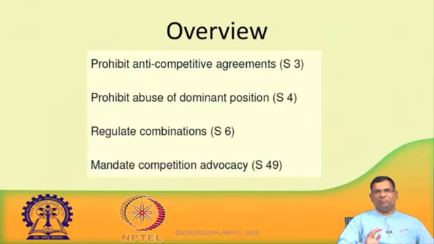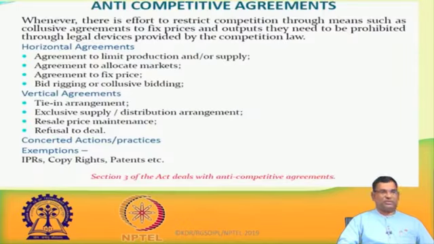Among the important provisions of the Act, Section 3 talks about anti-competitive agreements, Section 4 talks about the abuse of dominant position, Section 6 talks about the regulation of combinations, and the competition advocacy of the Competition Commission of India, which we will talk about in Section 49.